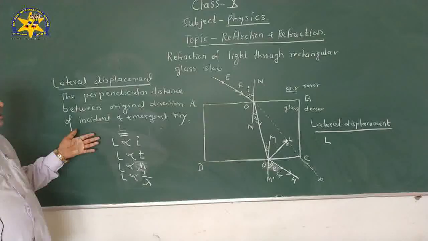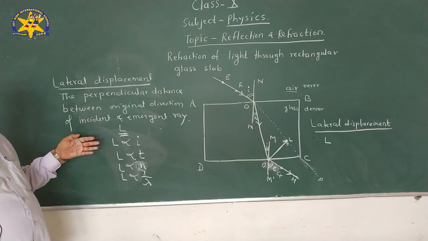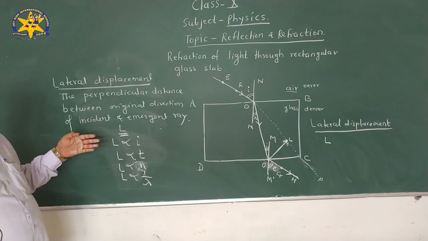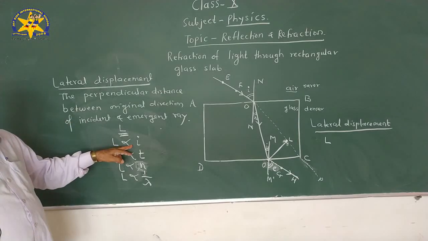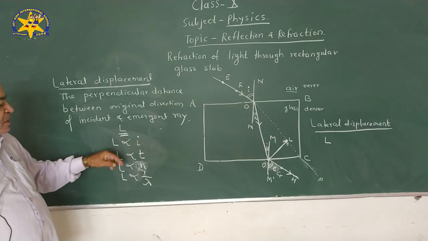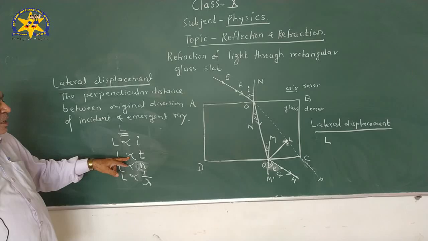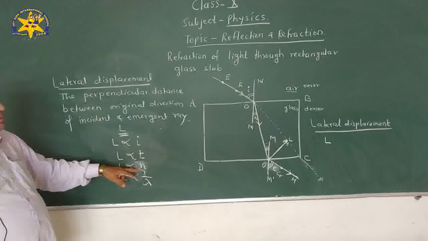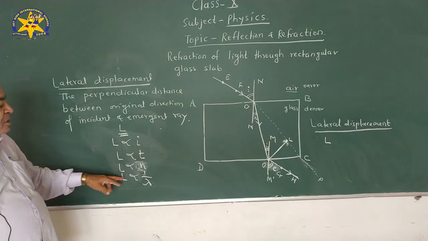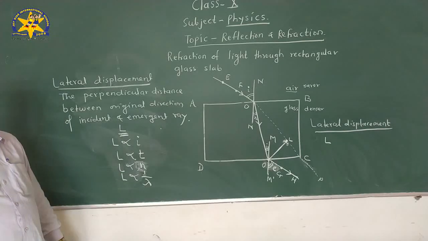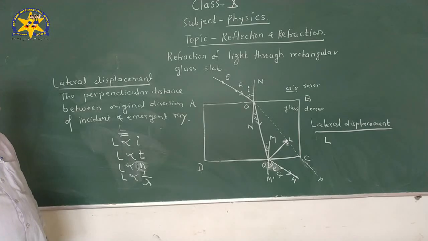So sometimes there is a question on what factors the lateral displacement of the glass slab depends. It is inversely proportional to the wavelength of the light incident on the glass slab.